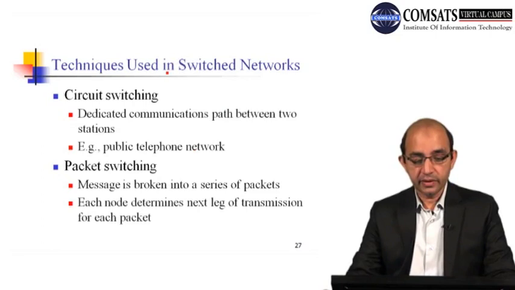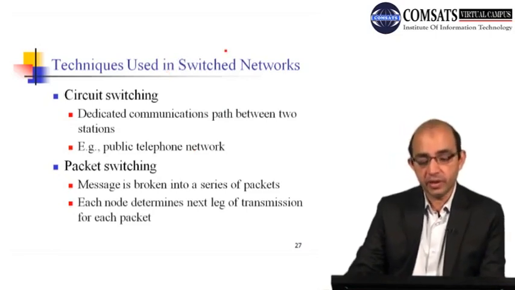And then we need to adopt certain switching techniques in order to achieve data communication, and those switching techniques are circuit switching and packet switching. In the case of circuit switching, a dedicated path is allocated between 2 endpoints, right?